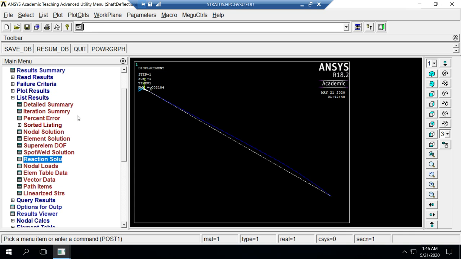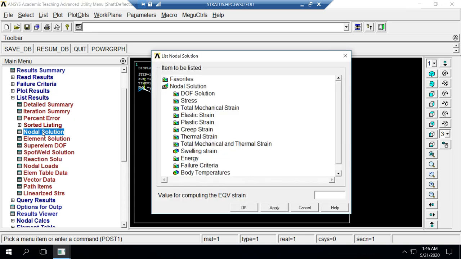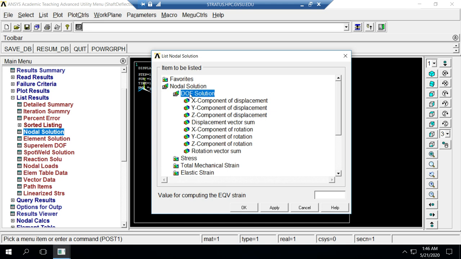So next I'm gonna look at our slope and deflections, right? So you come here, nodal solution, and I click on DOF solution, and this is gonna give us the nodal solution.